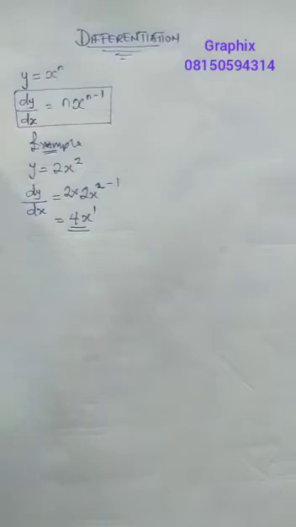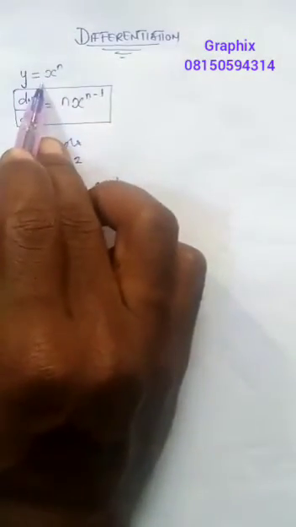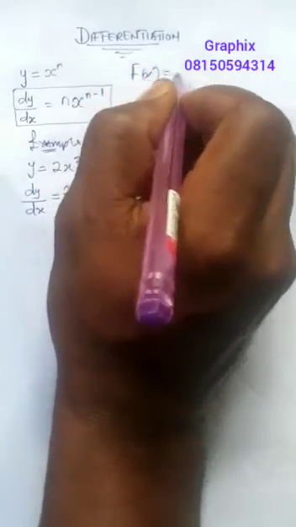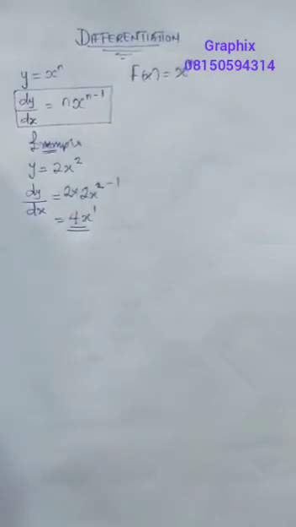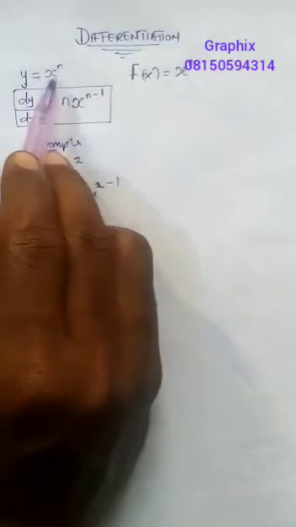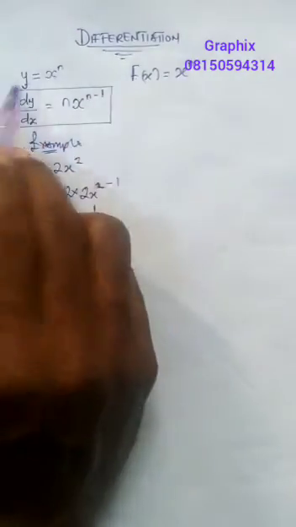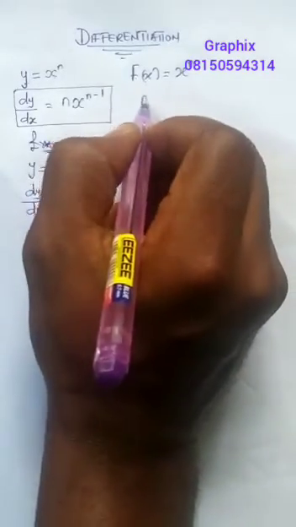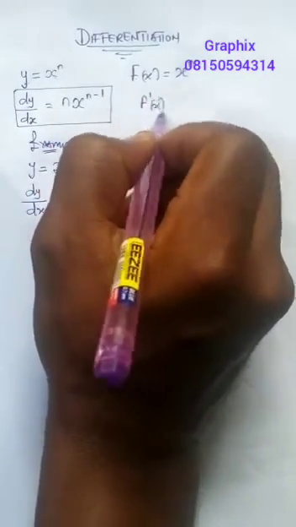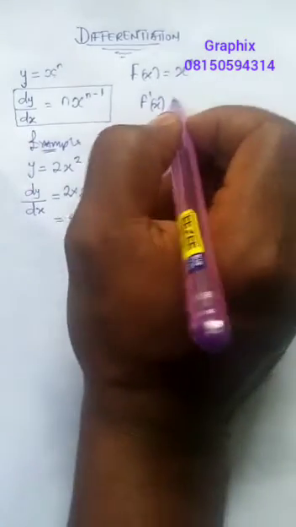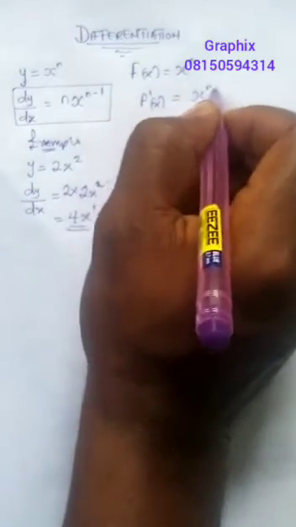Now, what I want to understand, I can rewrite this again as saying f of x equals x^n. Because y we say is the function of x. So if I wrote function of x, it is y. They are the same thing. So I can easily say my f prime of x means I'm saying my dy over dx. And that will give me n x^(n-1). Please don't get confused when you see this.